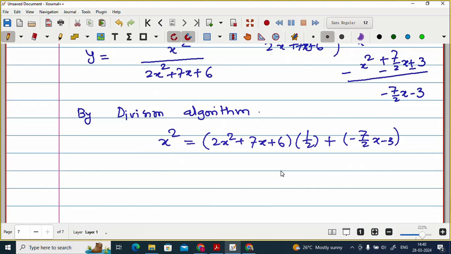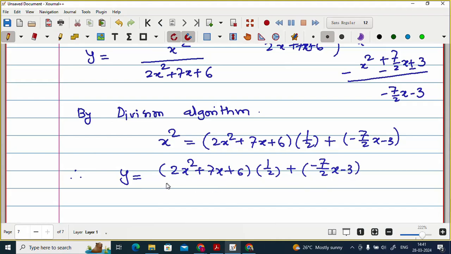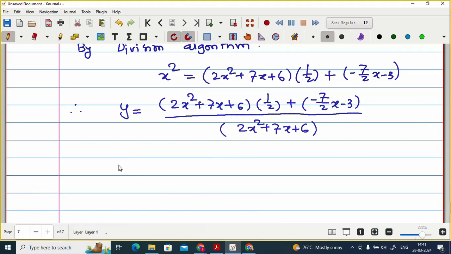So what I will have? Therefore with this, y will be equal to 2x square plus 7x plus 6 into 1/2 plus minus 7/2x minus 3, divided by the denominator as it is. What is the denominator? This 2x square plus 7x plus 6. So now you can separate the denominator. This 2x square plus 7x plus 6 into 1/2 upon this, so that 2x square plus 7x plus 6 will cancel.